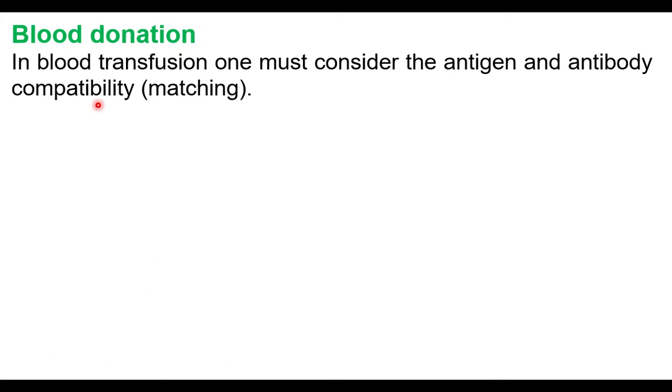If A blood is given to another person who has A blood group, there will be matching between antigen and antibody. If B blood is given to another person whose blood group is B, there will be matching between antigen and antibody. So in blood transfusion, one must consider the antigen and antibody compatibility.